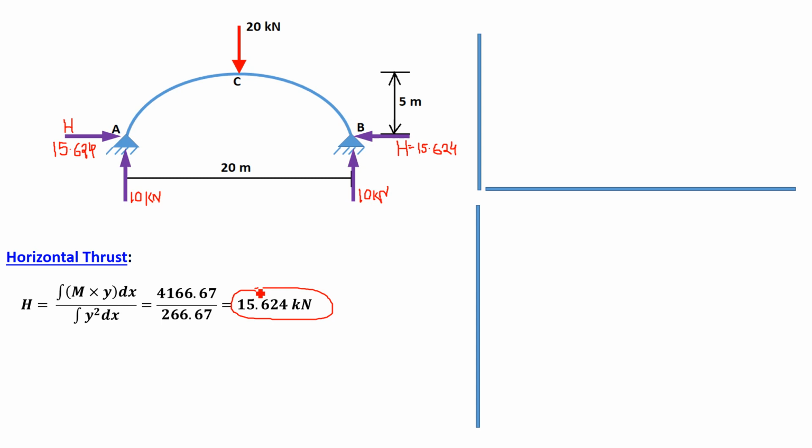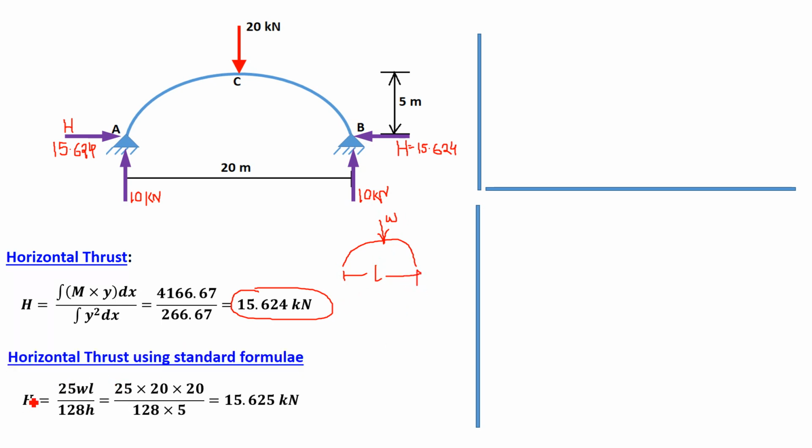Now, if you want to check whether your horizontal thrust value is correct or not, standard formulas are also available to calculate the horizontal thrust. In case of a 2-hinge parabolic arch subjected to a point load W at the center of the arch, and if the span is L, the standard formula to calculate the horizontal thrust is 25 into WL divided by 128H.